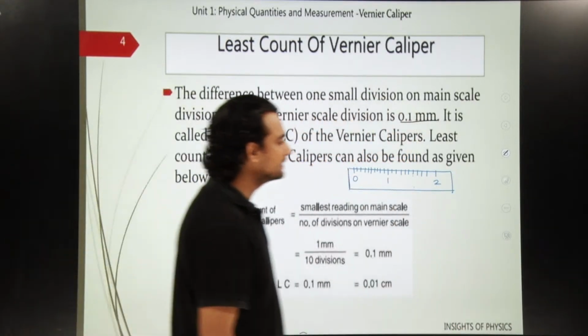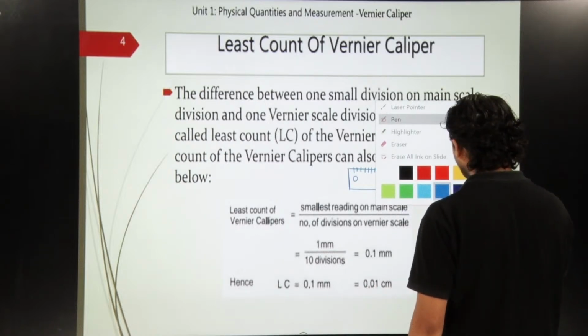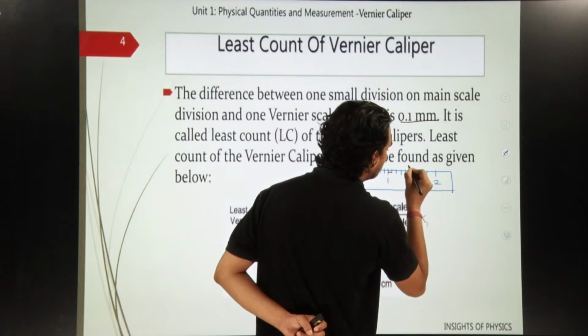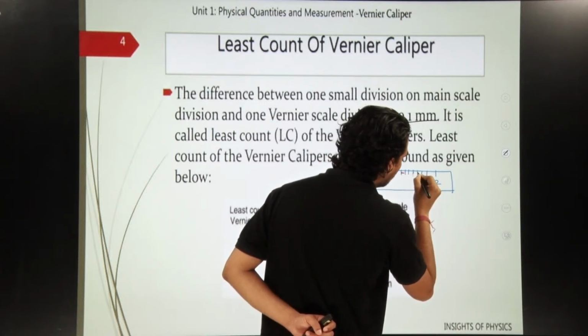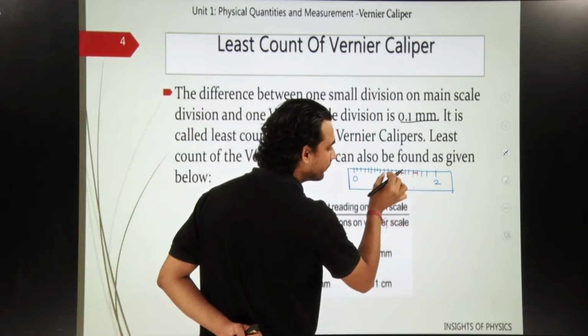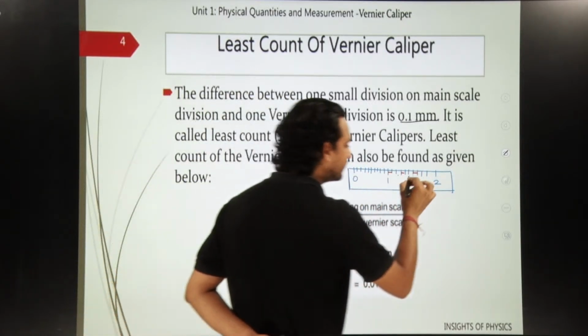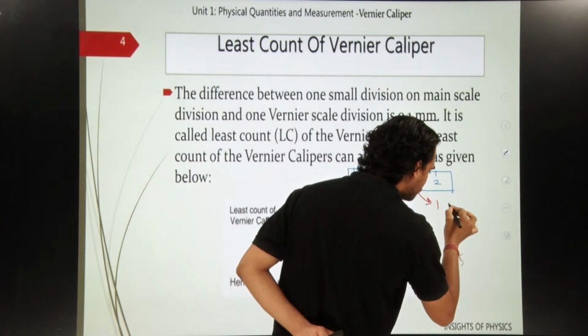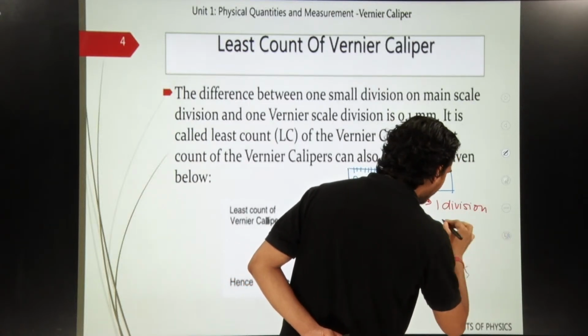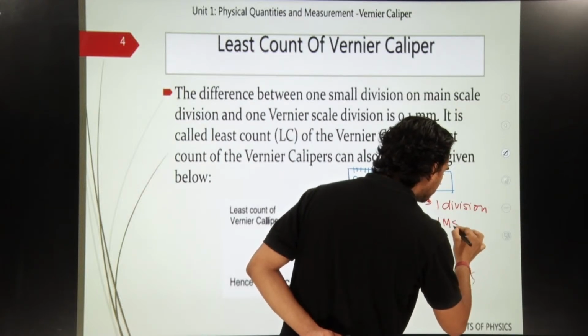So what is one main scale division? One main scale division is basically the reading of one of these small divisions on my main scale. This is one division, or I can say one main scale division.